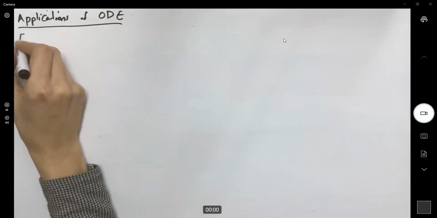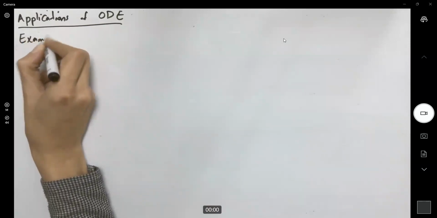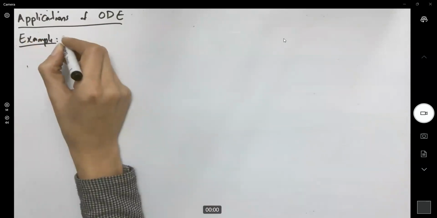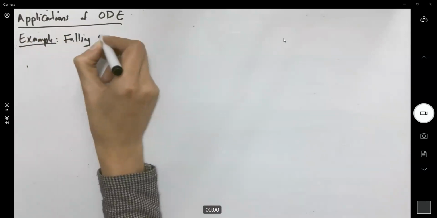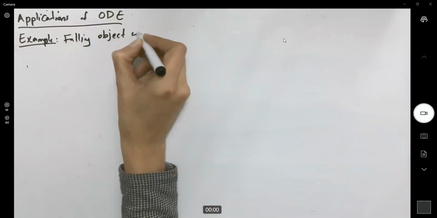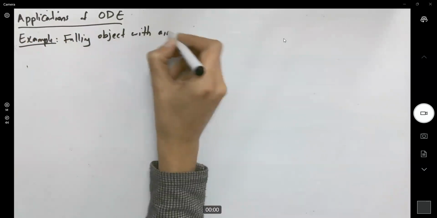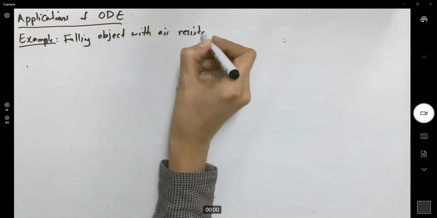Example of a falling object with air resistance.